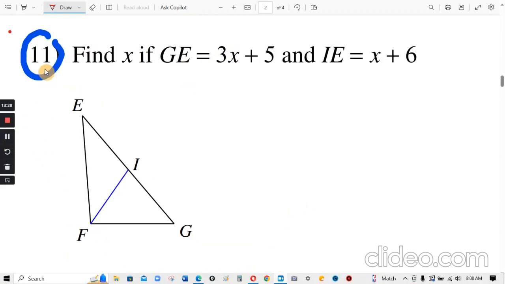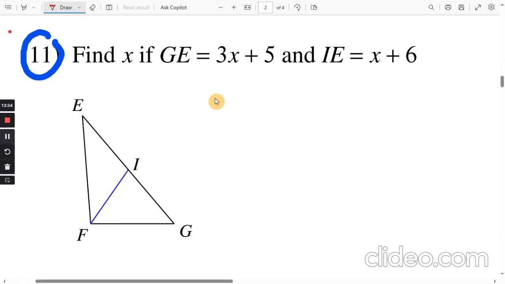All right, number 11. Remember it said the medians are given, so FI is a median. And that means point I is a midpoint. If point I is a midpoint, then EI equals IG.